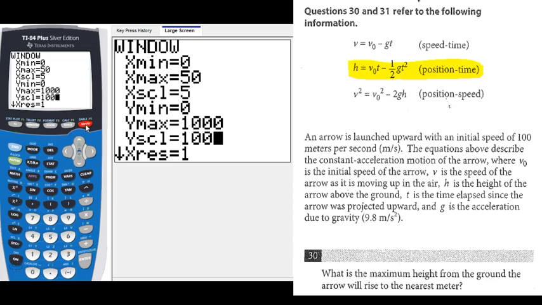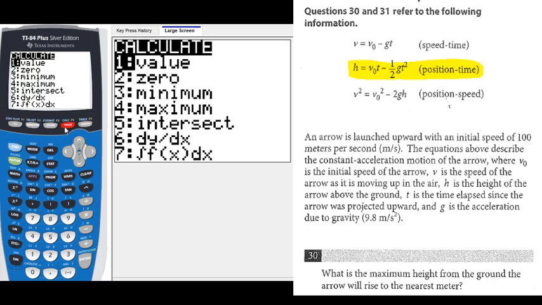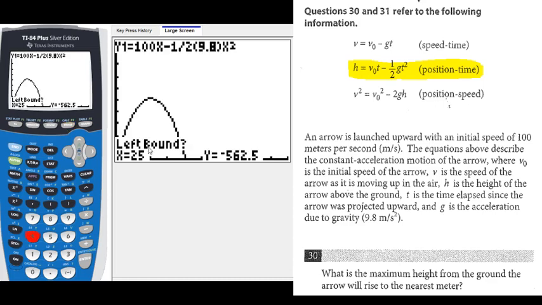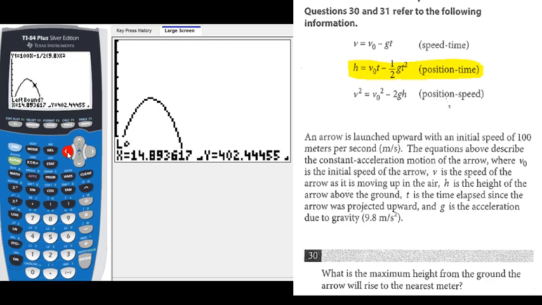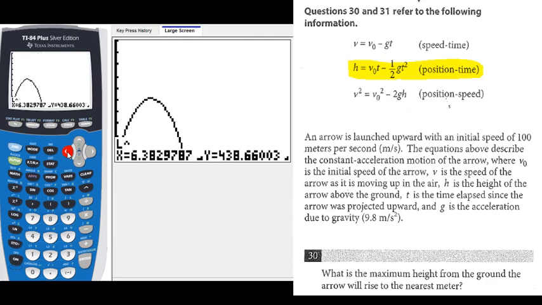Okay, so I go to graph. You see, you did see this vertex. That means this window is perfect for my function now. So I do the second trace. I'm looking for maximum, so I press the 4. Then they ask you the left bound. So I will move the arrow to the left side of that vertex, then stop.